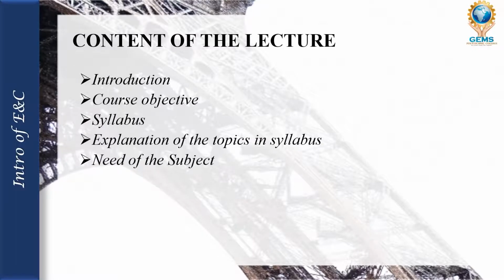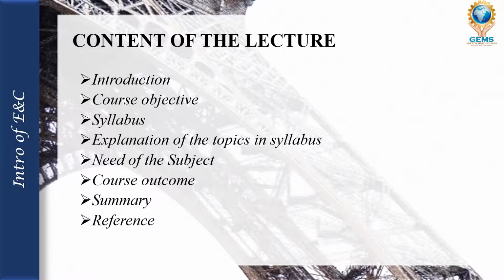Then what is the need of the subject, why we are studying estimating and costing. Then course outcome: after studying this subject, what things we should learn. Then summary. Then references, what books we need to refer. Then the jobs, what jobs you are going to get after this.